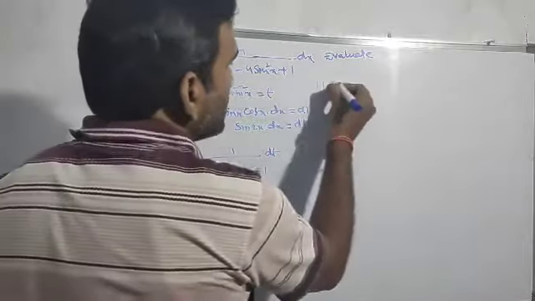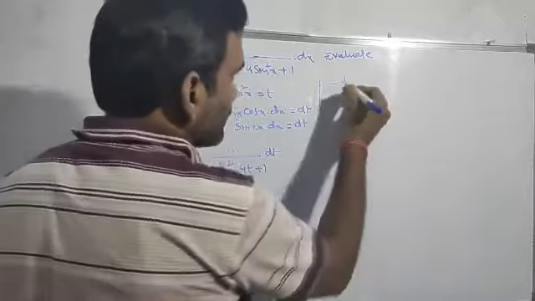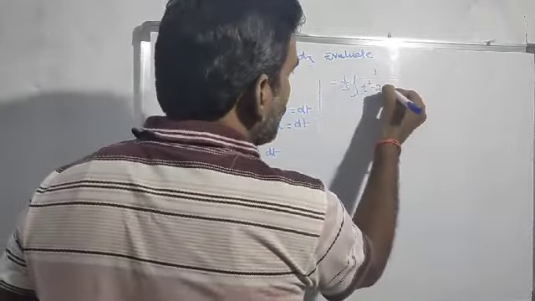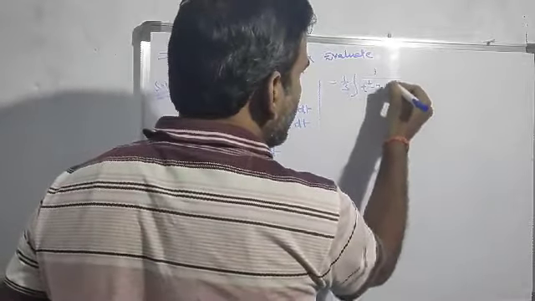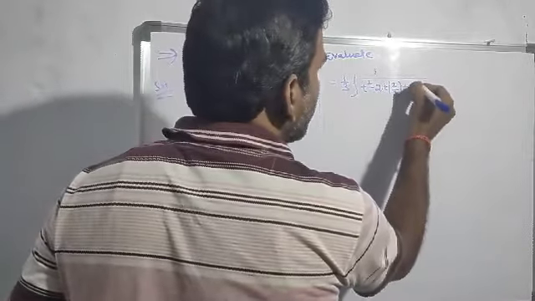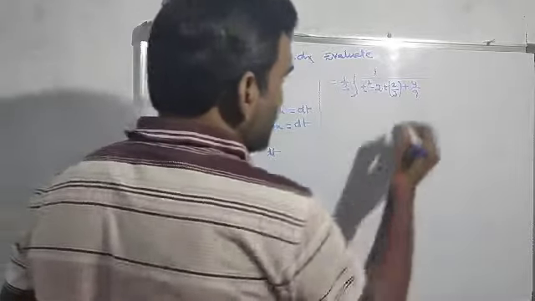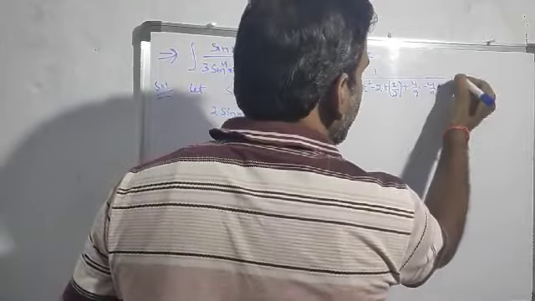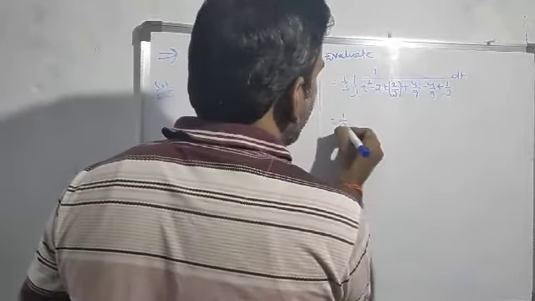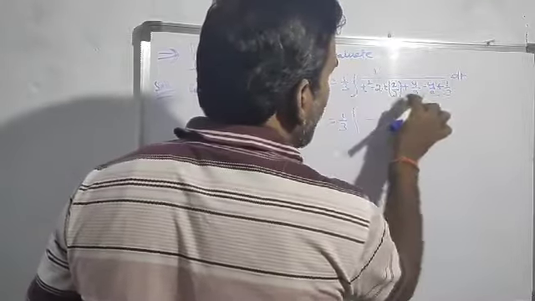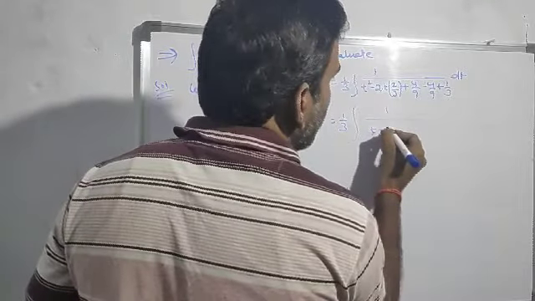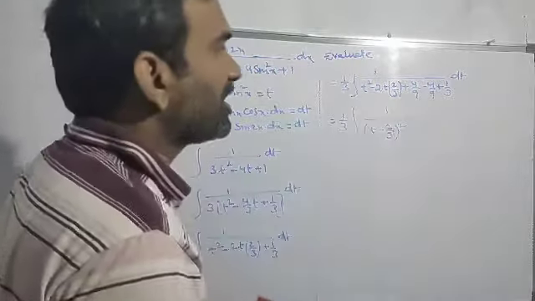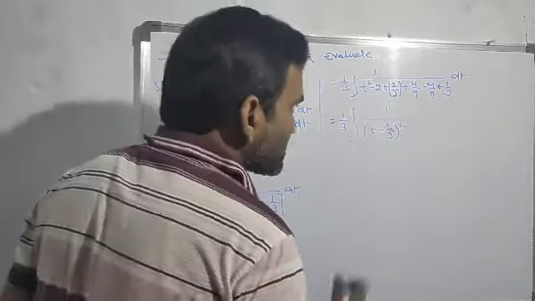Next, 1 by 3 into integration of 1 by t square minus 2 into t into 2 by 3. B value is 2 by 3, plus b square minus b square, don't forget that, plus 1 by 3 into dt. So 1 by 3 into, up to these 3 terms, t minus 2 by 3 whole square, a minus b whole square formula up to 3 terms, minus 4 by 9 plus 1 by 3.